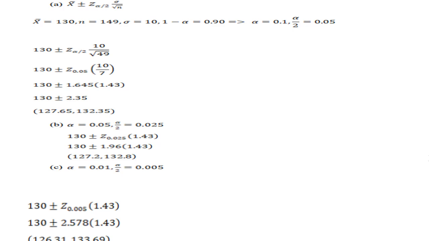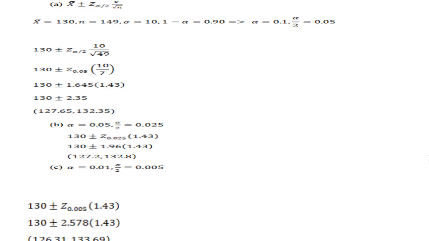Now using the formula X bar plus or minus Z alpha over 2 times sigma over root n, since we have all our parameters, we fix our X bar, which is 130, plus or minus Z alpha over 2. We've already estimated alpha over 2 to be 0.05. Then our sigma is 10 over root n. What is our n?